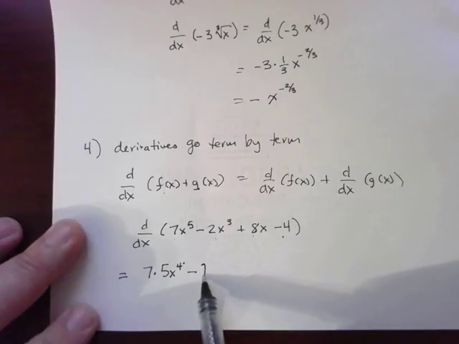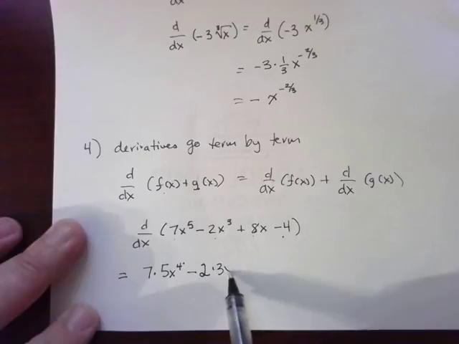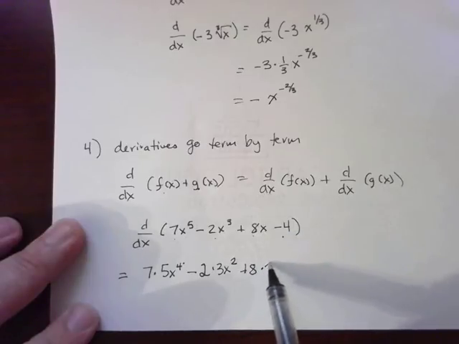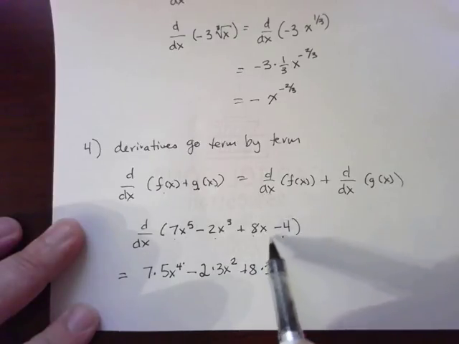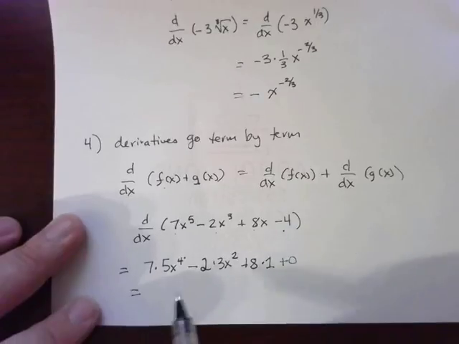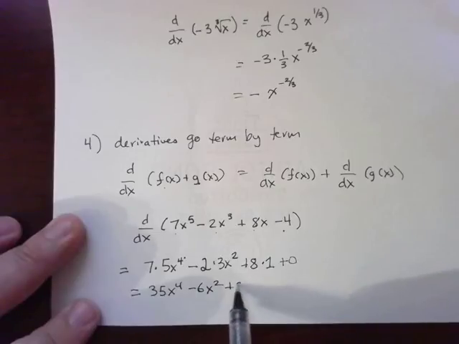The minus 2 sits in front, and then the power rule applies again: 3x squared. The 8 sits, and the derivative of x, if you recall, is just 1. And then the derivative of a constant by itself, a constant term, is 0. And so we end up with 35x to the 4th minus 6x squared plus 8.